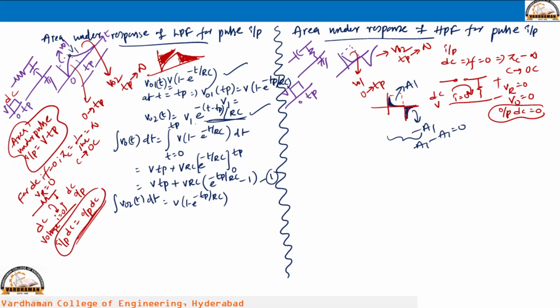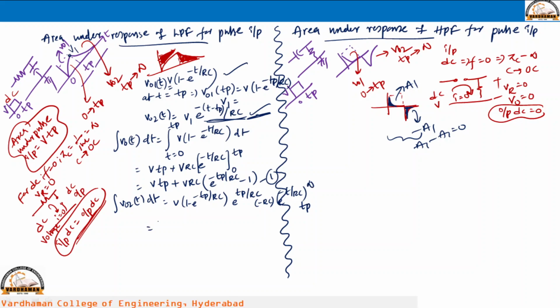The second part is V1 into e power minus of t minus Tp, which we need to integrate. I am dividing the exponential, first writing the Tp term: minus into minus is plus, e power Tp by RC. Now integration is to be done for e power minus t by RC. Already we know minus RC into e power minus t by RC will come, and the limits for this one are Tp to infinity, do not forget about this one.